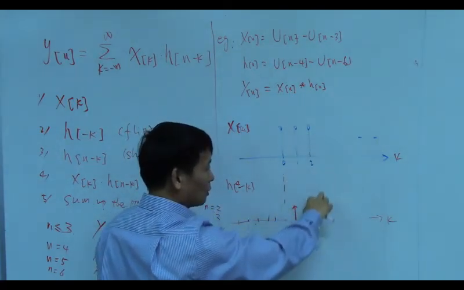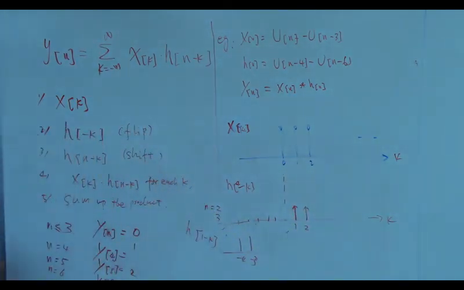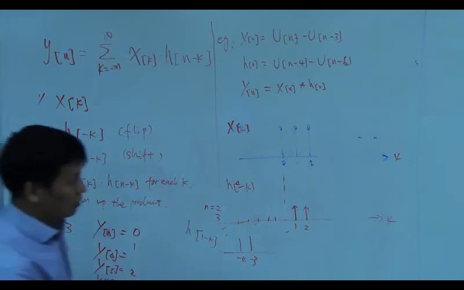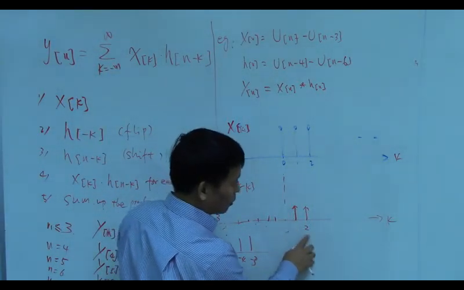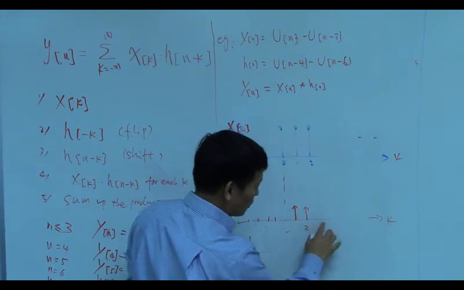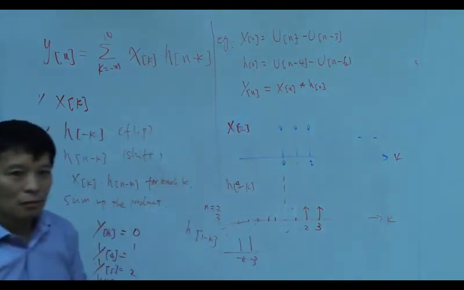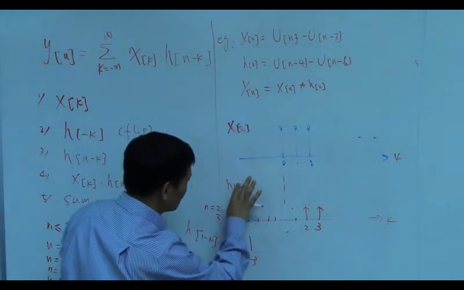This one, 1. We add. What do we have? Still 2. Then the next one, n equals 7. So give us the output when n equals 7, this one will be to here, and this one will be here, so like this, so 3. That gives us y[7] equals 3.